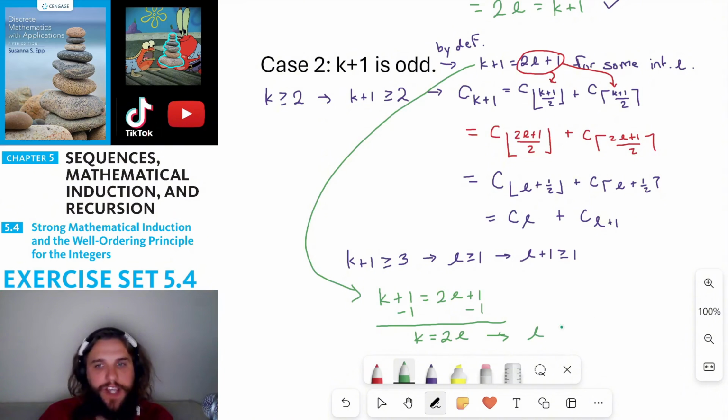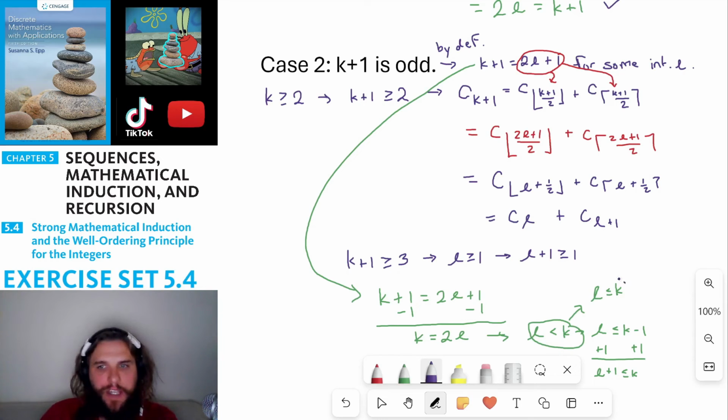Now this means L is strictly less than K, which is the same as saying that L is less than or equal to K minus 1. But if we add 1 to both sides of this inequality, this also means that L plus 1 is less than or equal to K. Whereas this inequality tells us that L is less than or equal to K.